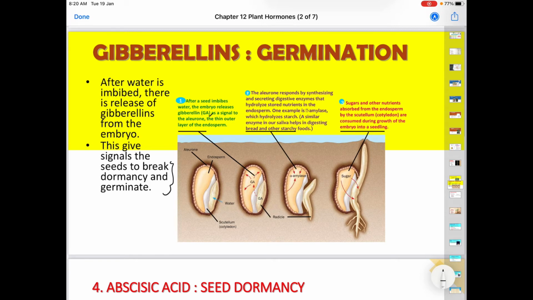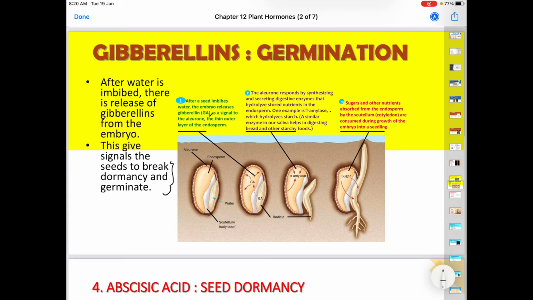So this is the process. After a seed imbibes water, the embryo releases gibberellin as a signal to the aleurone, the thin outer layer of endosperm. So that is the function of water, to make the embryo release the gibberellin. The aleurone responds by synthesizing and secreting digestive enzymes that hydrolyze stored nutrients in the endosperm.